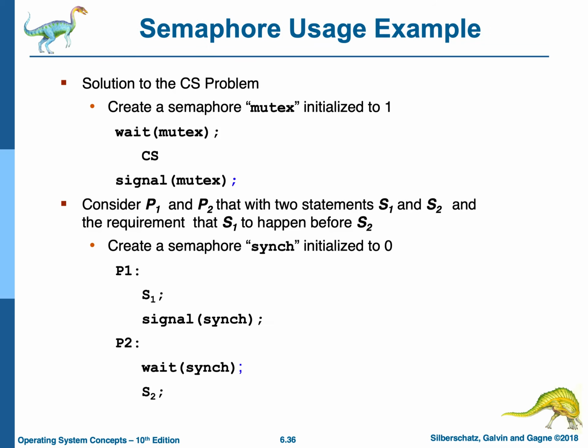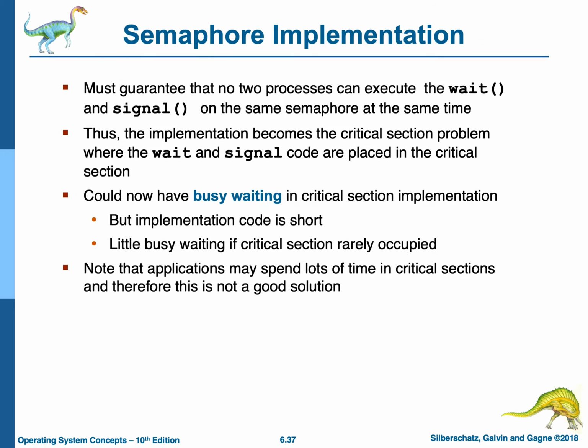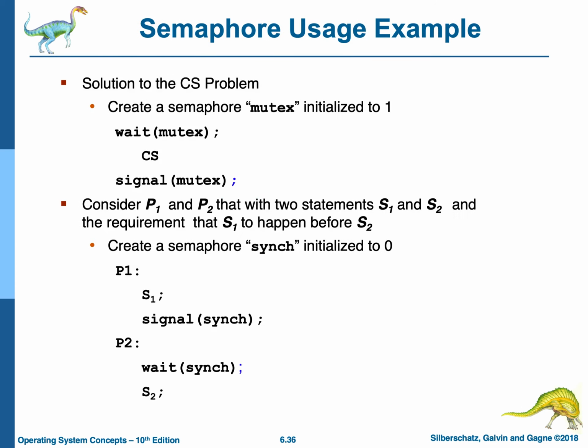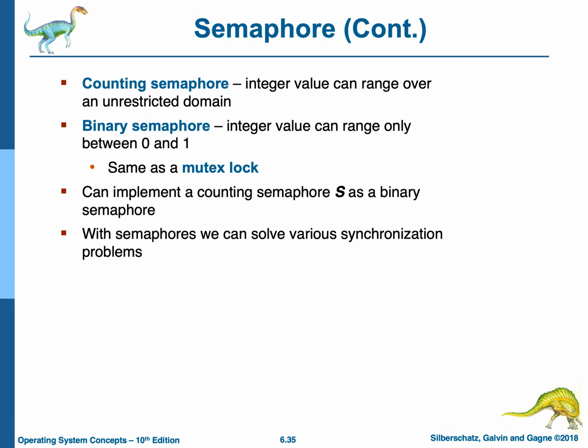How do these counting semaphores actually work? I must show you by drawing an example here.